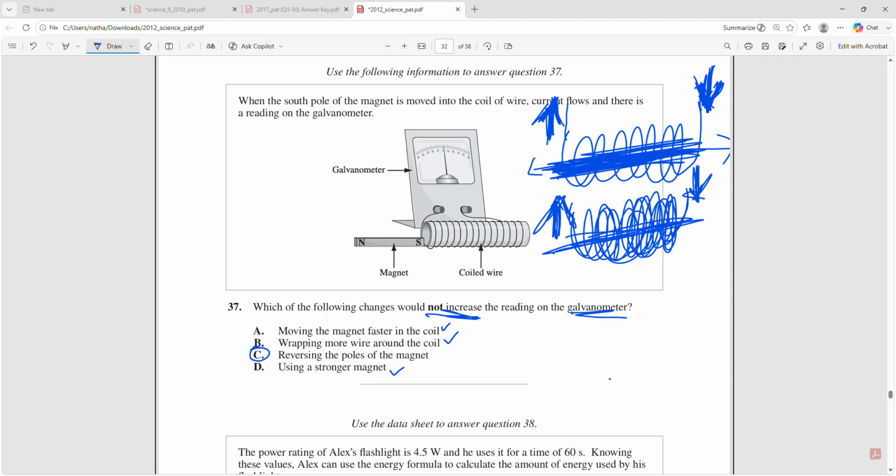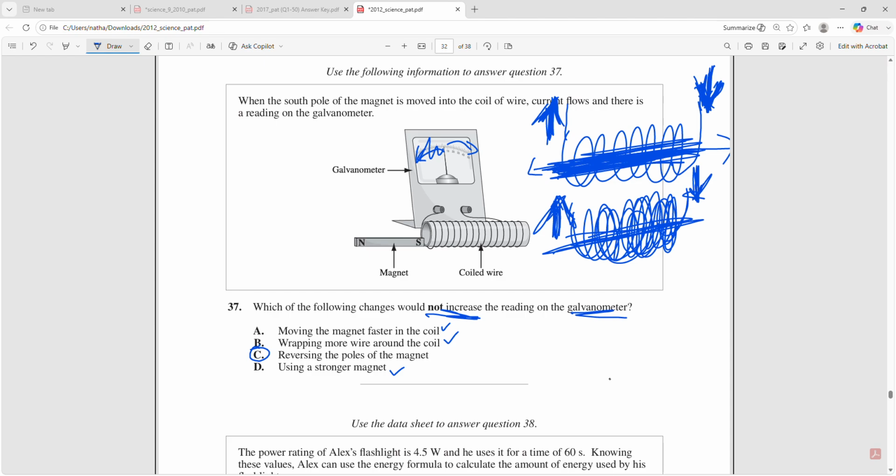But see, reversing the poles of the magnet doesn't really matter. If we reverse the poles, the current will flow in a different direction. If it's measured in this direction, instead it will measure in that direction, but it won't change the intensity of it.